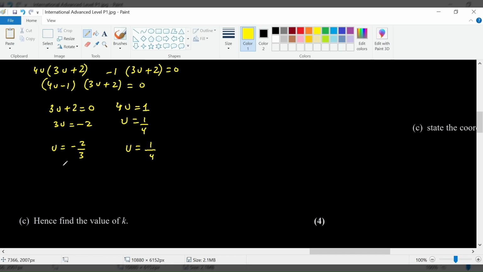Now I'm replacing u with x². So x² is equal to negative 2 over 3, and finding the root of this is not possible. It is not possible to have a root of negatives. Now we have x² equals 1 over 4. That means x will be equal to negative and positive 1 over 2.